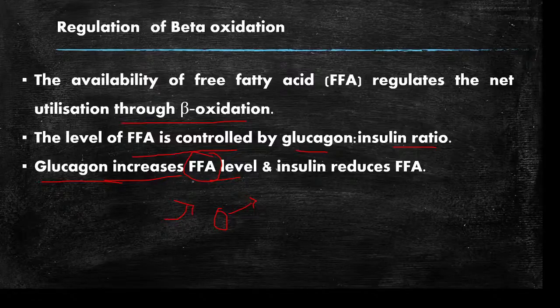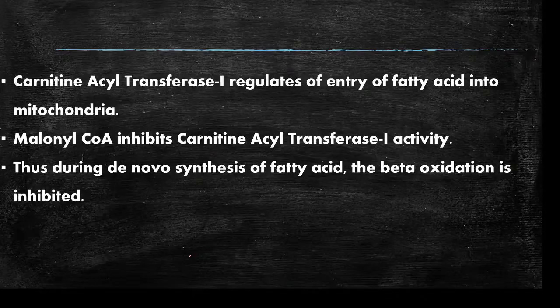So glucagon increases free fatty acid level and insulin reduces free fatty acid level, because insulin is released when our body has more glucose. Carnitine acyl transferase is one of the regulatory enzymes. It regulates the entry of free fatty acids into mitochondria.